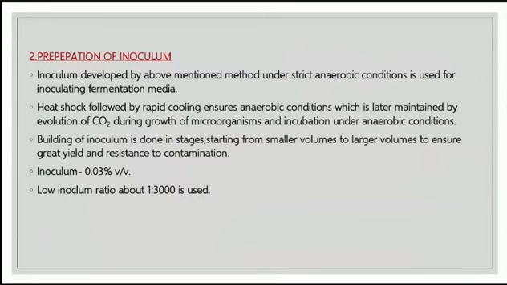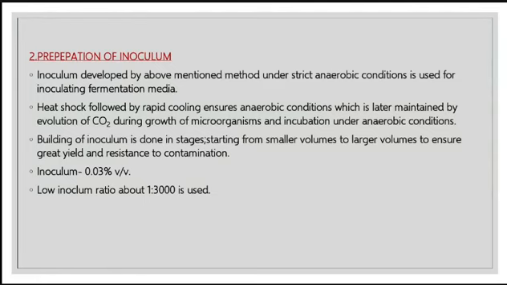After production of spores, the next step is preparation of inoculum. Inoculum developed by the above mentioned method under strict anaerobic conditions is used for inoculating fermentation media. Heat shock followed by rapid cooling ensures anaerobic conditions, which are later maintained by evolution of carbon dioxide during growth of microorganisms and incubation under anaerobic conditions.